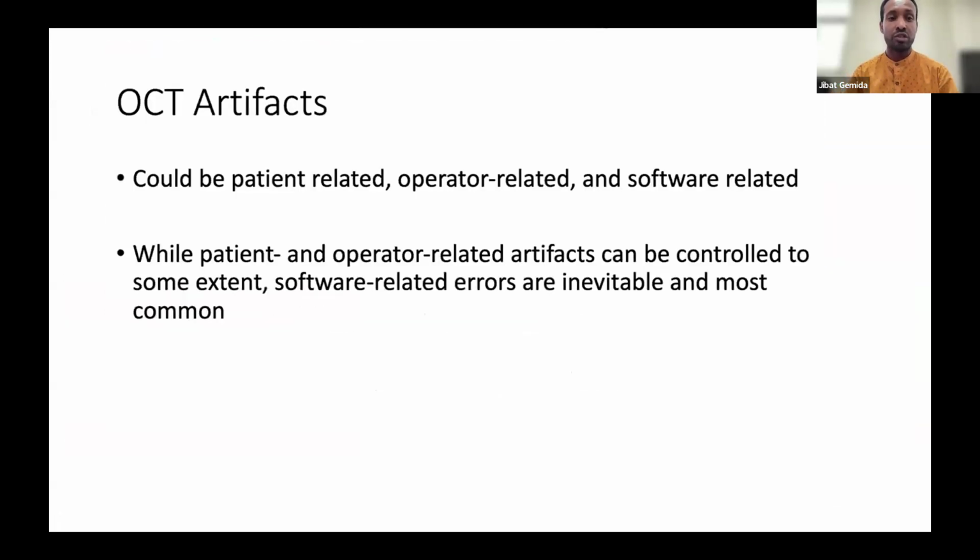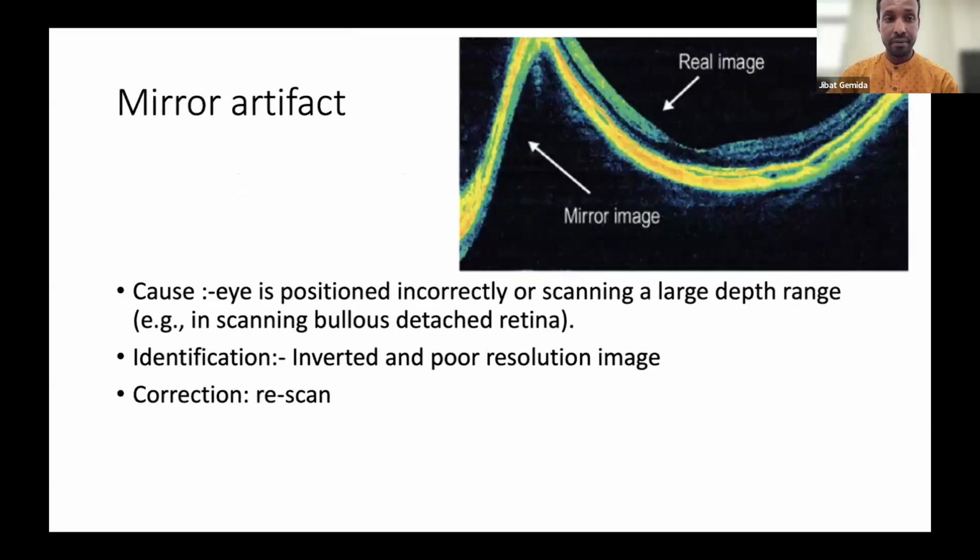So the last is OCT artifacts. This could be patient-related, operator-related, or software-related. But artifacts were common in the era of time domain OCT. Nowadays, with swept source OCT, these artifacts are relatively minimal.